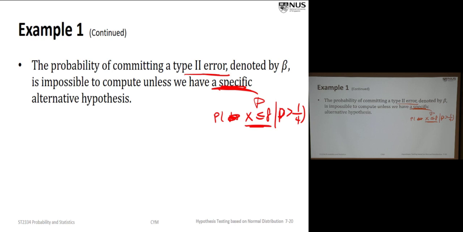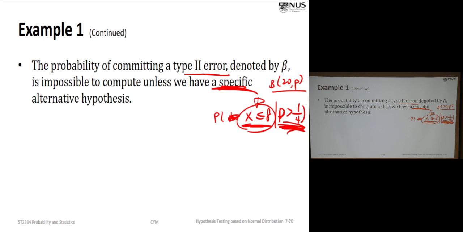So as I told you just now, what is the distribution of X? X is binomial with n equal to 20 and with P. So there are so many possible P, so many probability distributions. So you cannot compute. The only way we can do it is to specify the P, which is one of the values in the alternative.